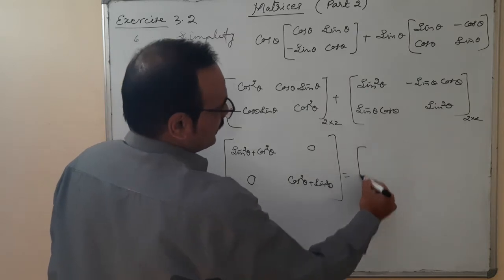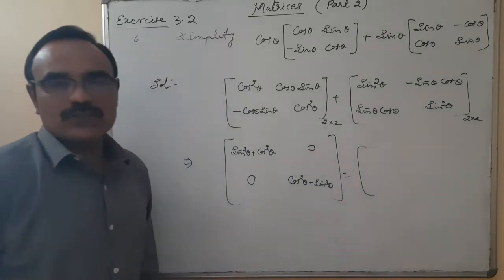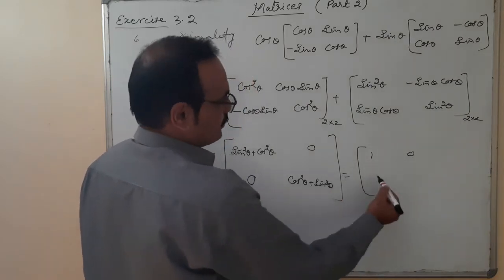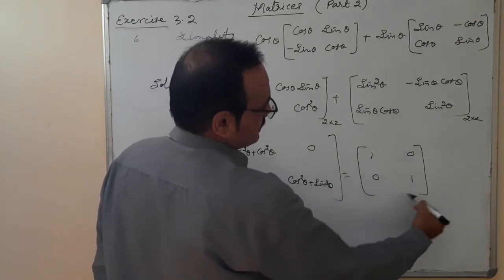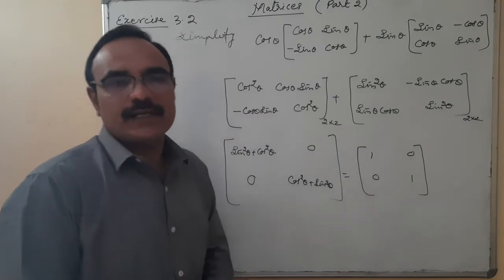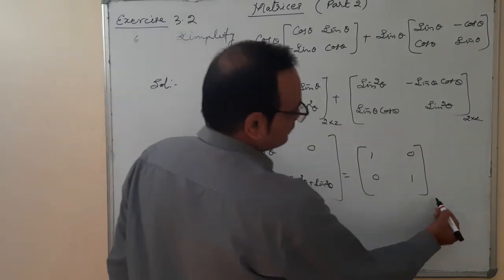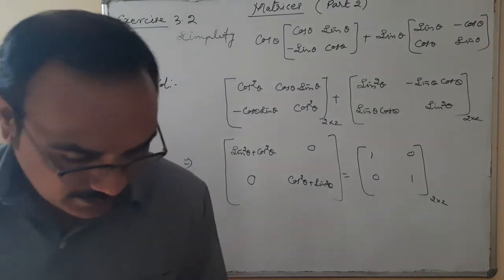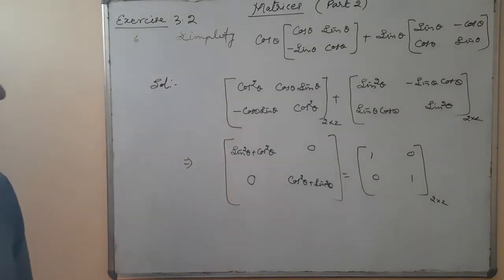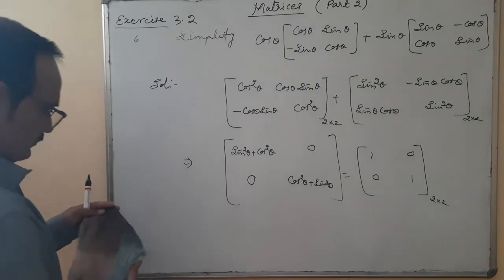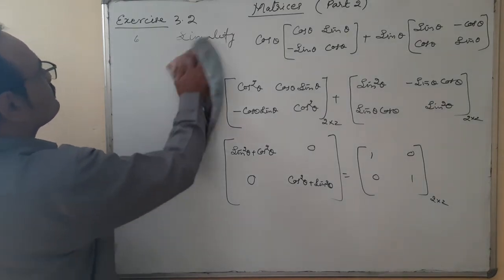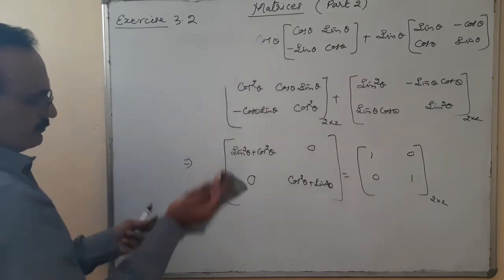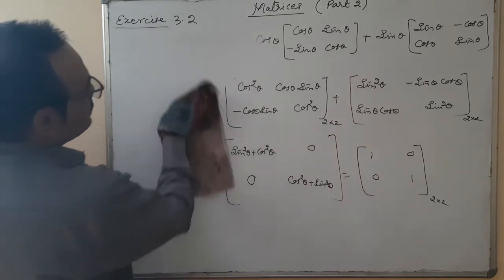You are aware of the trigonometric identity: sin square theta plus cos square theta is 1. So it is 1, 0, 0 and 1. This is the answer. Which matrix is this? This is the identity matrix of 2 cross 2. Next question.